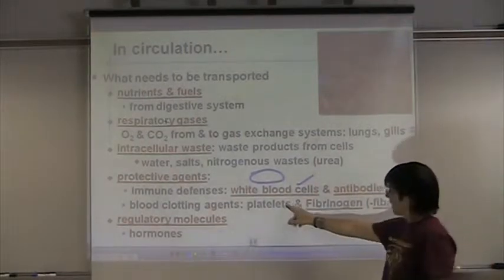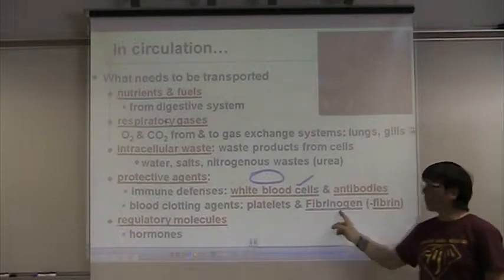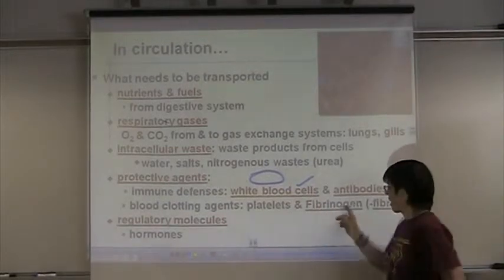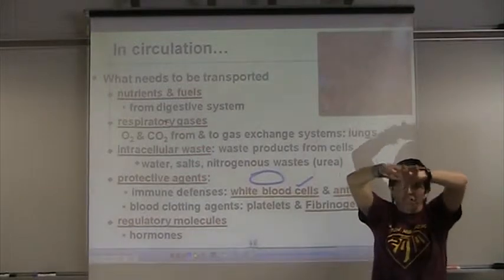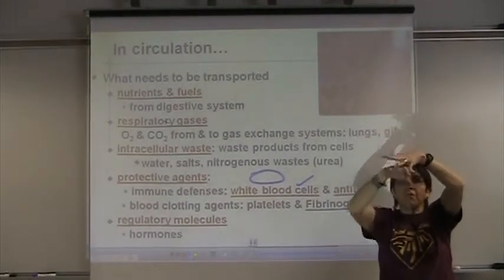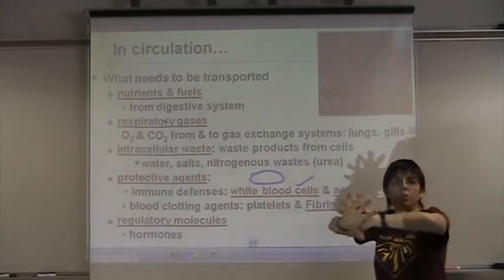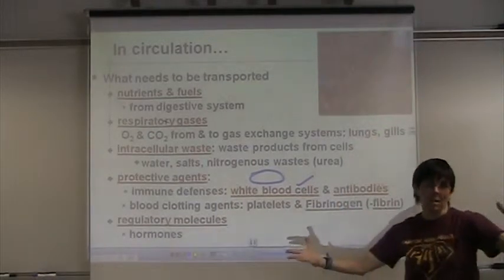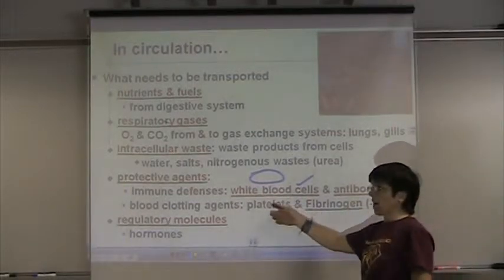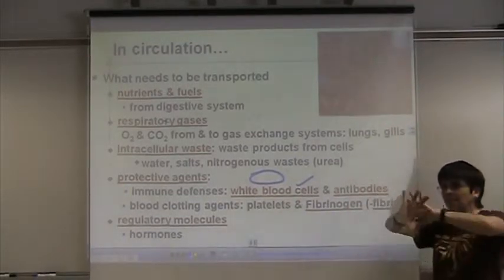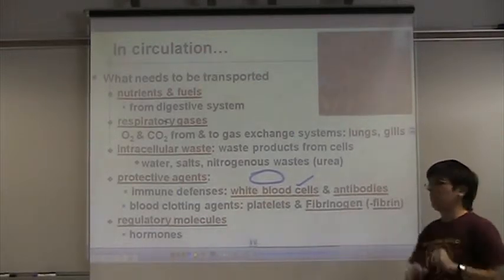But in addition to platelets, we also have a protein called fibrinogen that basically forms a mesh of filaments that helps also block the place where you have a leak in your circulatory system. Nice patching system. So you can have either cells or these fibers, this protein called fibrinogen, that is going to block it.